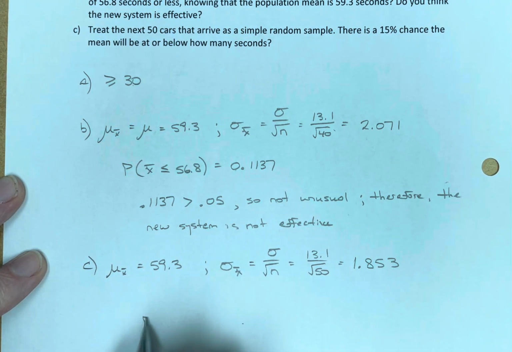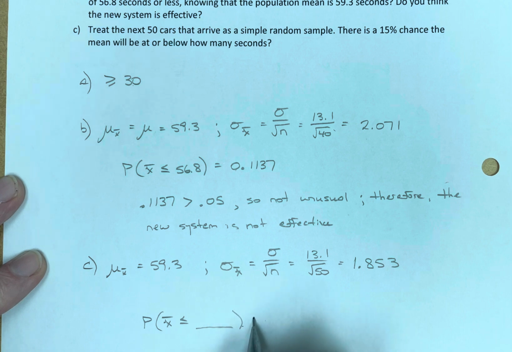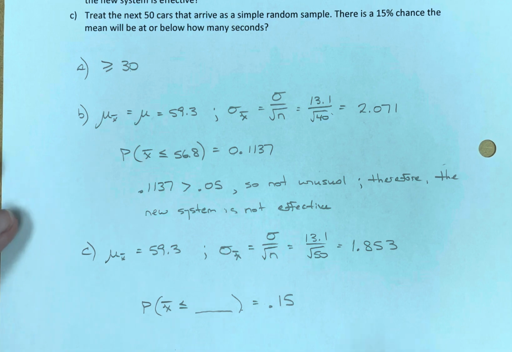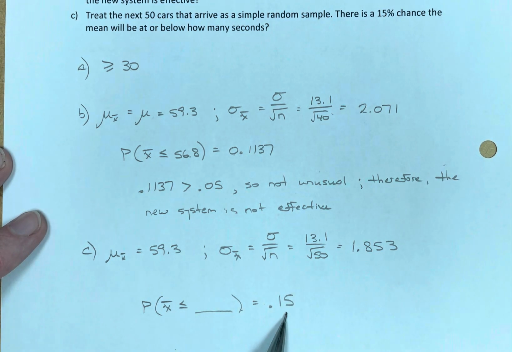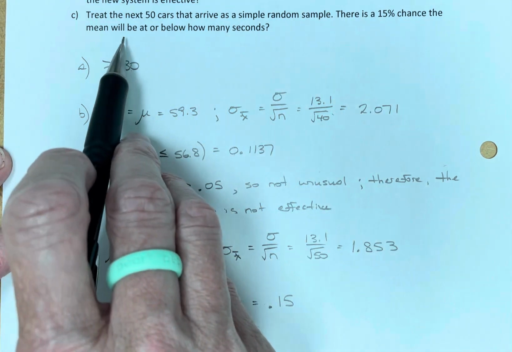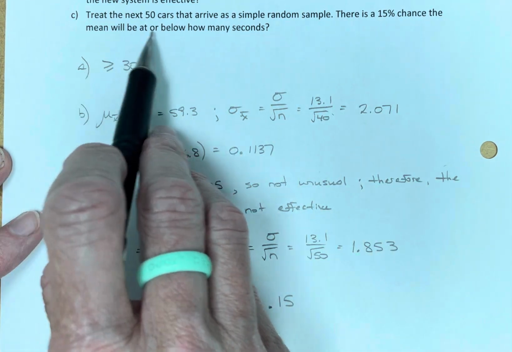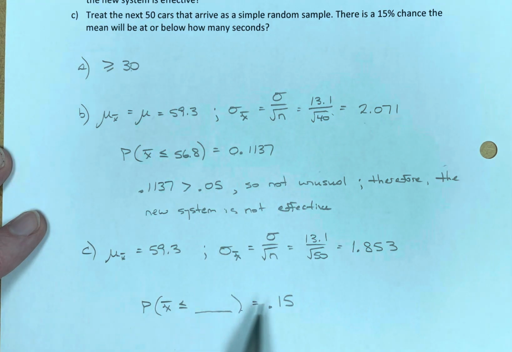So this is asking the probability that x bar is at or below some number is equal to 0.15. We know the proportion is 0.15. We want to know what is the chance the mean will be at or below how many seconds to get that proportion.